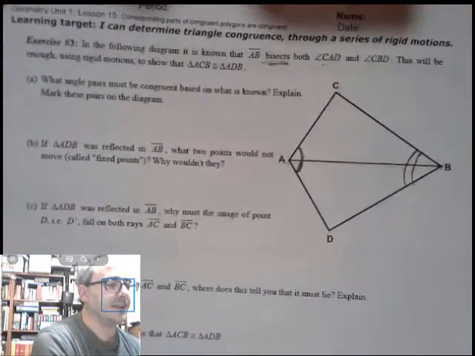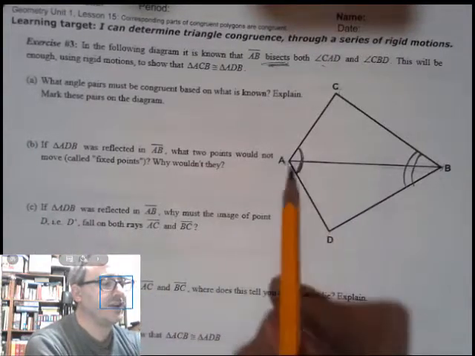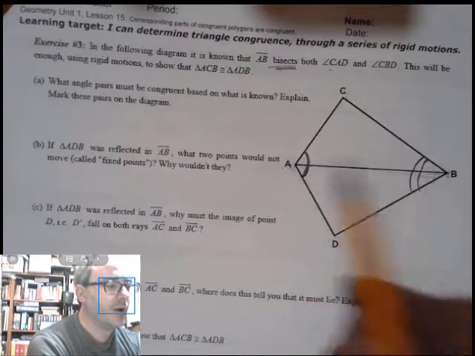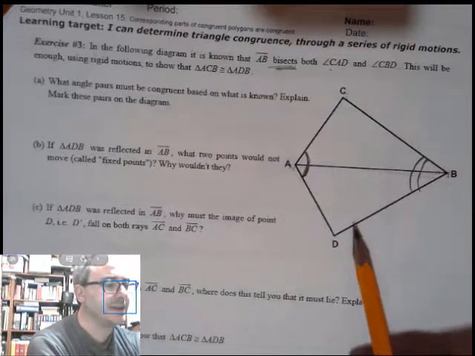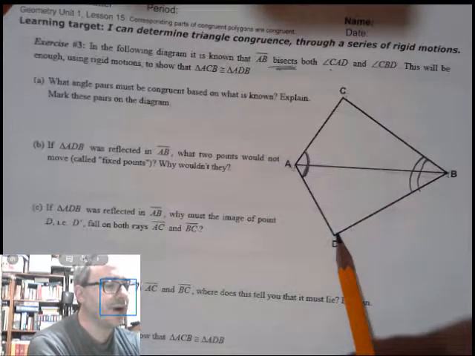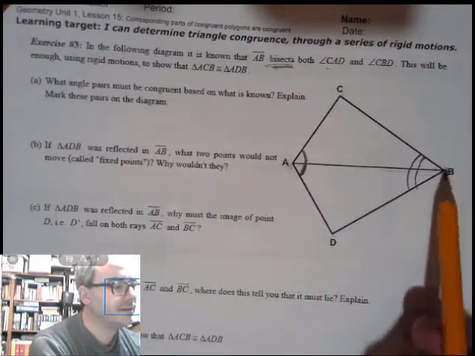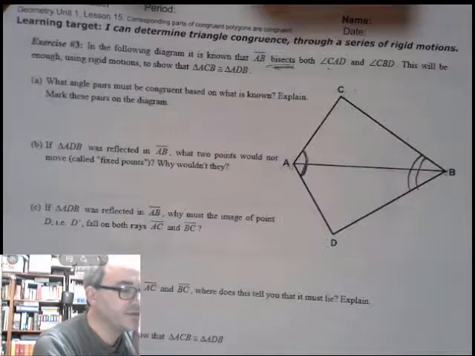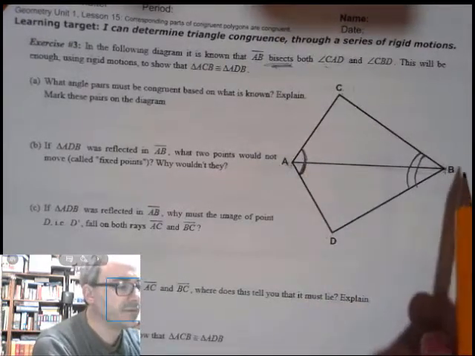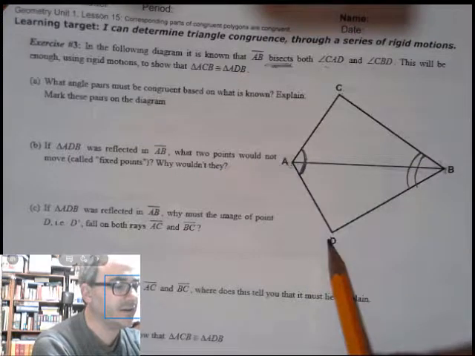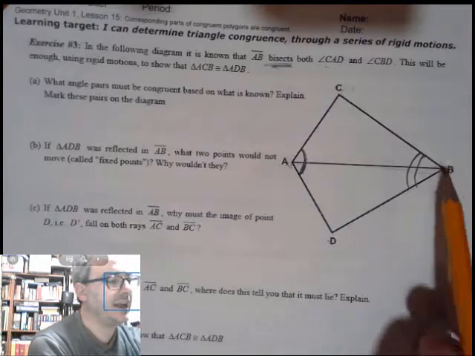If triangle ADB was reflected in AB, why must the image of point D prime fall on both rays AC and BC? So if the triangle ADB is reflected on AB, why must the image of point D, right here, fall on both rays AC and BC?